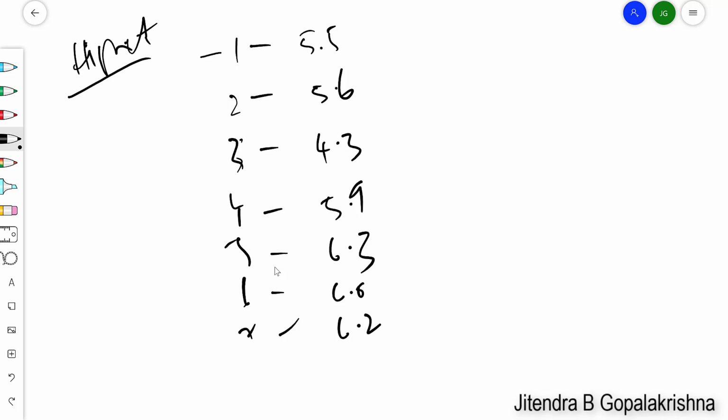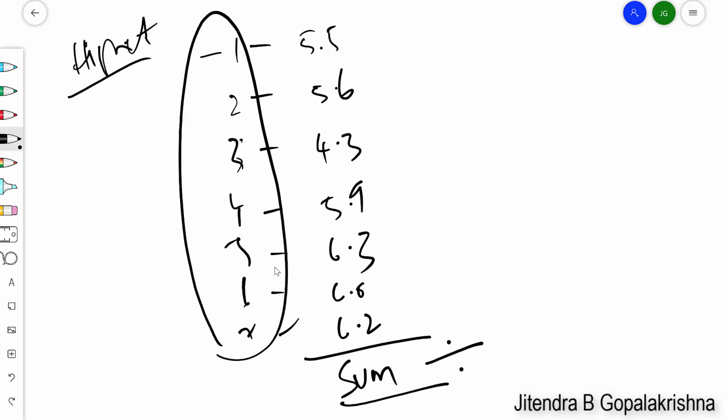How do you calculate the average? You take the sum of all of these and divide it by the total number of the population, which is 7.